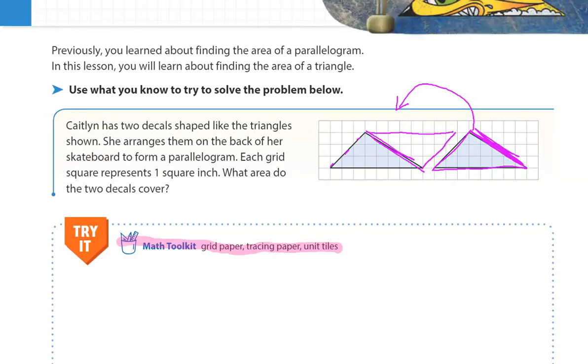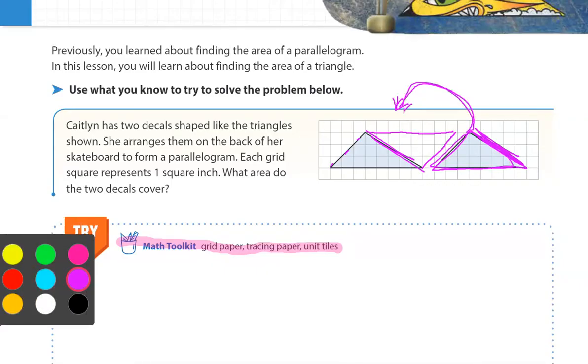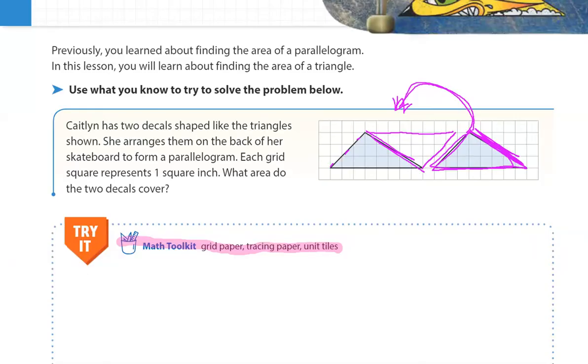So that's what it would look like if I were to trace over this and flip it over and stick it there. So now it's a parallelogram. And you know that the area of a parallelogram is the base times the height. The area of a parallelogram is base times height. So all we need is to find the base and the height and multiply them.